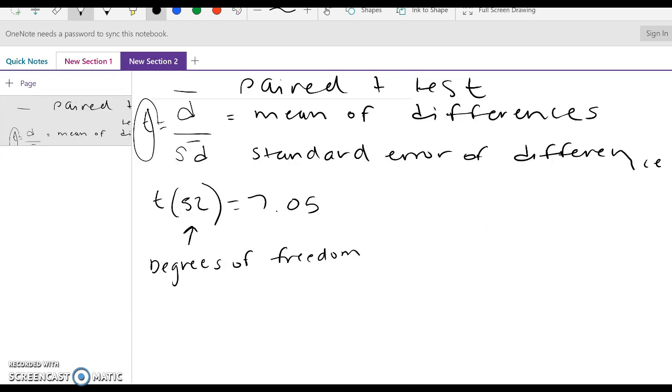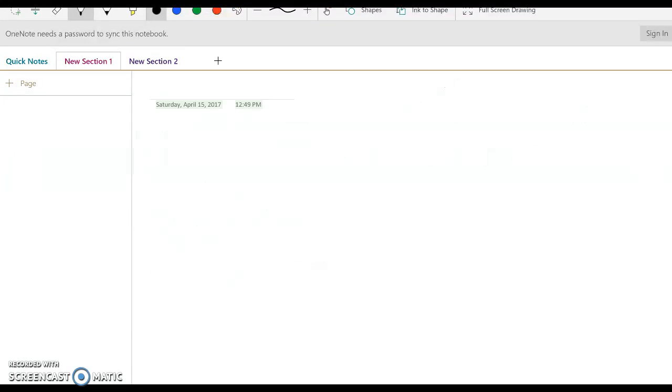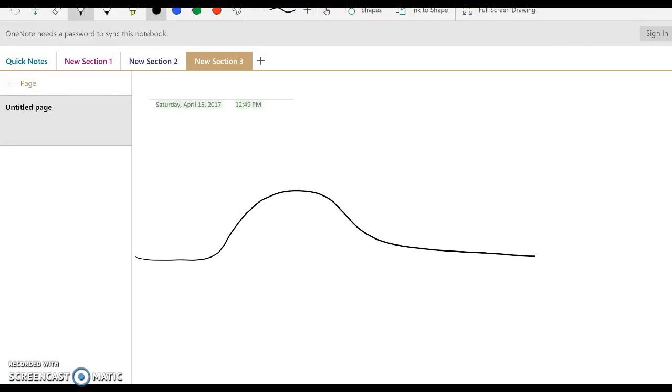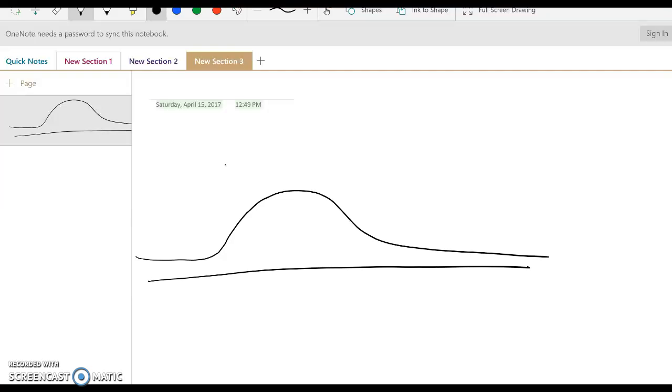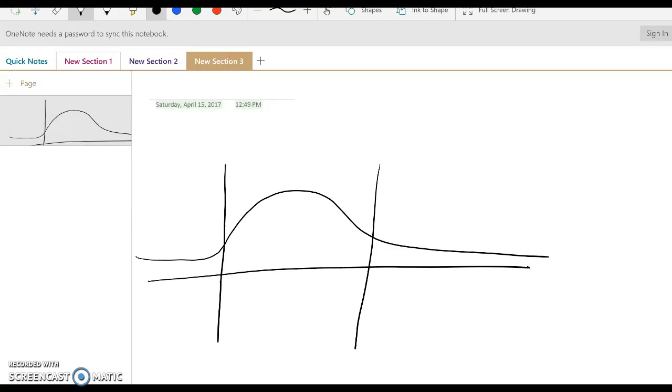But now let's talk about one-tail and two-tail. There are options of how you would like to explain or further make valid assumptions for your statistics.